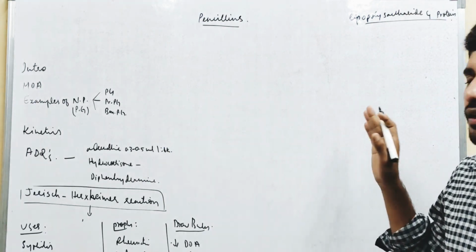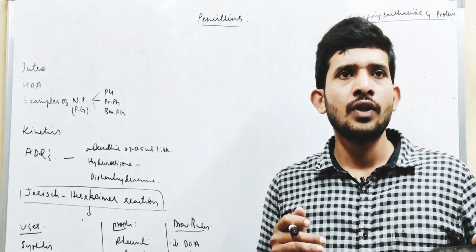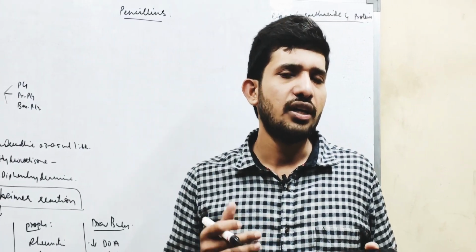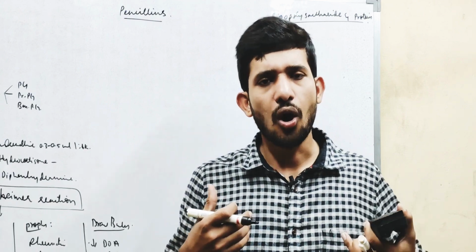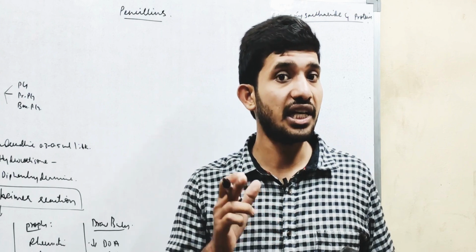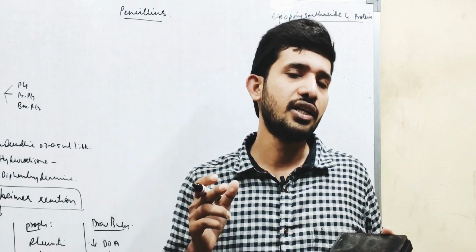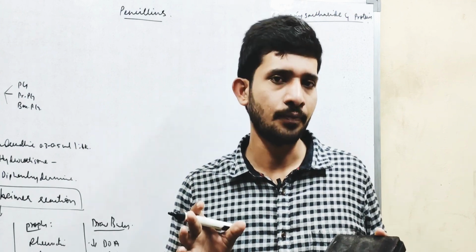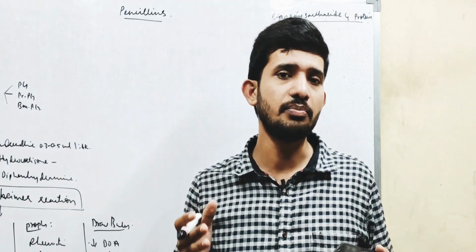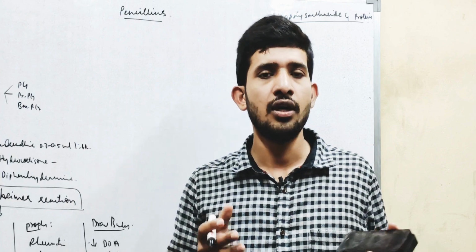Okay, and penicillin G is usually not metabolized in the liver, and it is distributed all over the body tissues. It doesn't cross the blood-brain barrier, but it is well concentrated in cerebrospinal fluid. Okay, so in meningitis conditions we can prescribe penicillin G, and even in that condition penicillin G is the drug of choice.